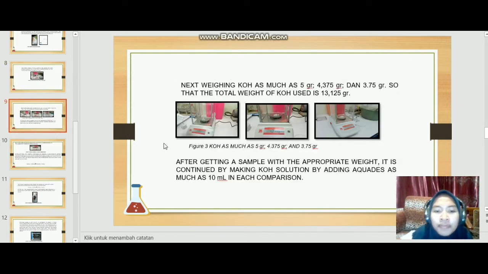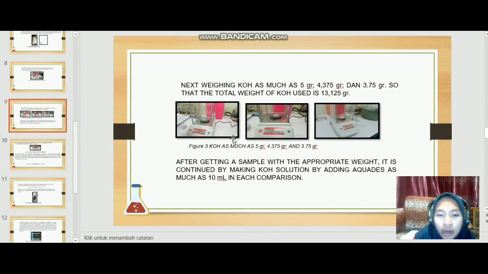Okay, next, weighing KOH as much as 5 gram, 4.375 gram and 3.75 gram, so that the total weight of KOH used is 30.125 gram.